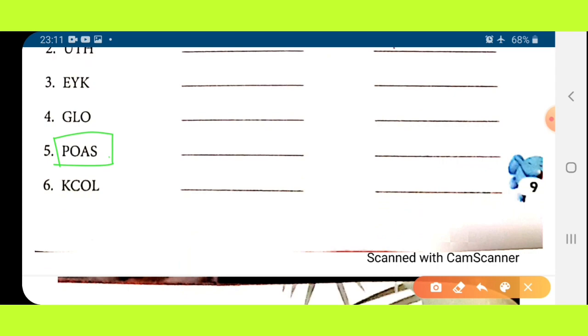Give the answer fast. 4. And the time is up. 5. Yes, the right answer is SOAP, soap. Or I can write it in small letters like this.